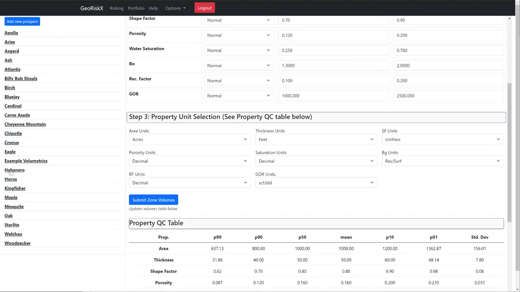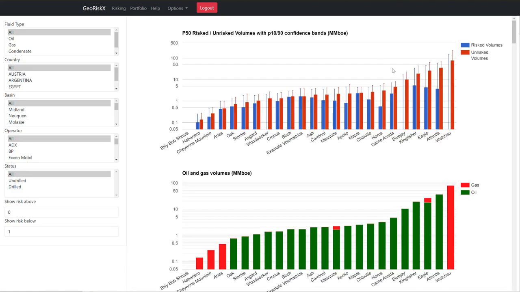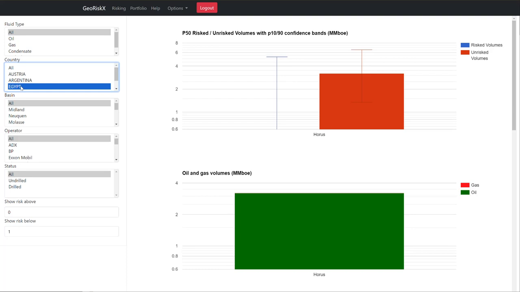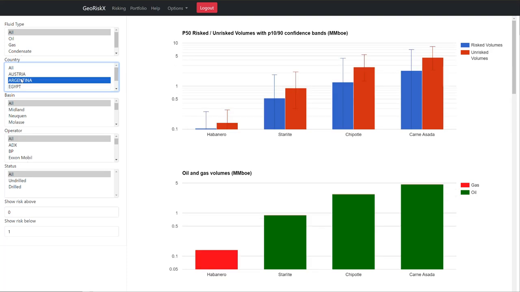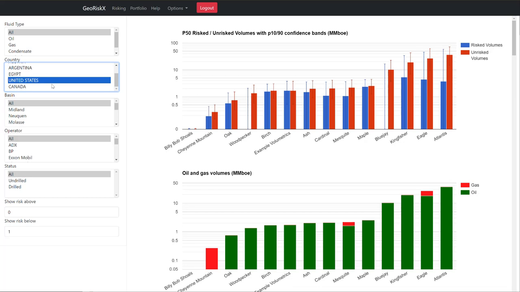Now, once we've done this for a number of wells, we can come into our portfolio view and say, all right, let's take a look at what we have here. What country do we want to work in? Okay, well, this is the only prospect in Egypt. What do we have in some of the other parts of our portfolio?